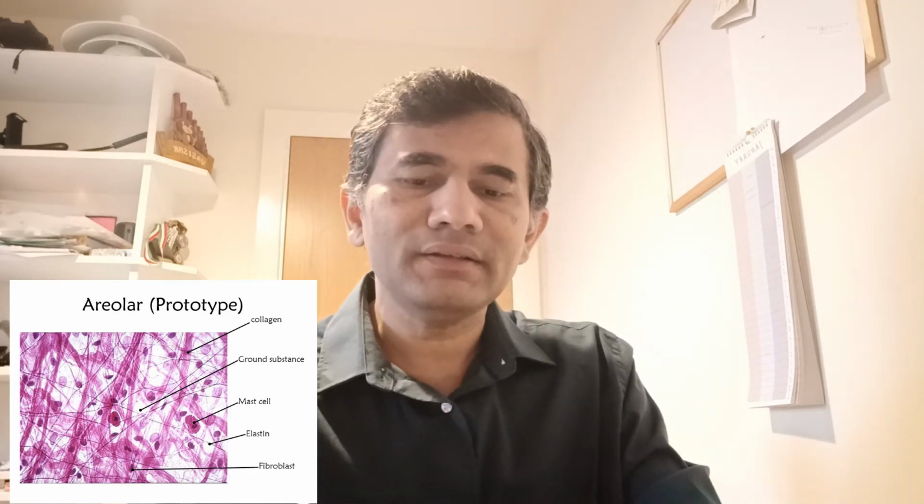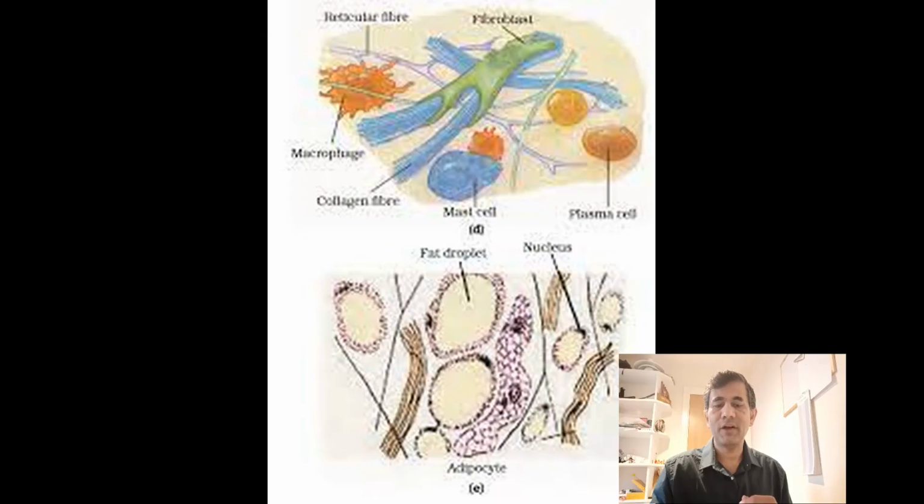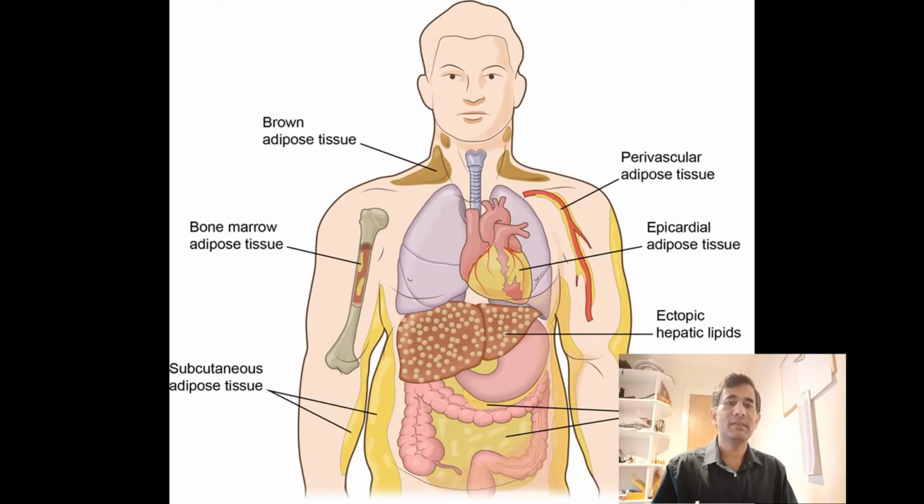Now, second loose connective tissue is fat storing adipose tissue. It is found in various locations, and I have got the diagram for its locations where the fat tissue is found. So you can see it is there under the skin. It is called superficial and deep subcutaneous fat. It is found between internal organs.